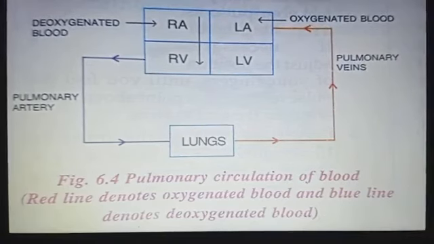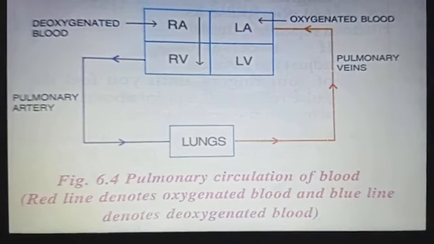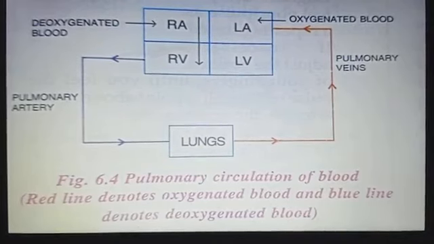So this is how the blood is oxygenated. The deoxygenated blood is made oxygenated and it is reached to the heart, the left side of the heart. Now, this is called pulmonary circulation of blood.